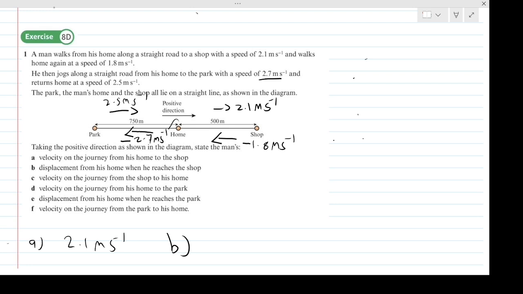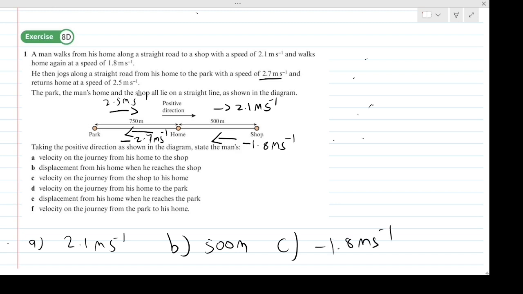From the home to the shop, the distance is 500 meters and it's in the positive direction. So he travelled 500 meters in the positive direction, so it's just 500 meters. Part C, the velocity on the journey from the shop to his home. Now we're going that way again. Well, we just discussed it's minus 1.8 meters per second for the velocity there.